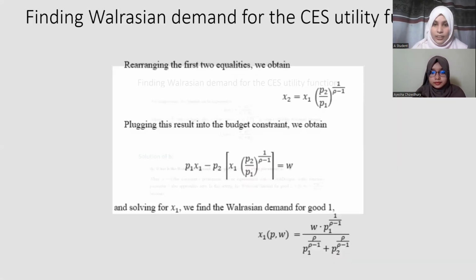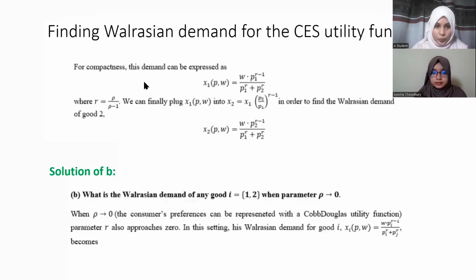Coming to the next slide, we see that for compactness, we express the demand as x1 equals w p1^(r-1) divided by (p1^r + p2^r). Here, r equals rho divided by rho minus 1.